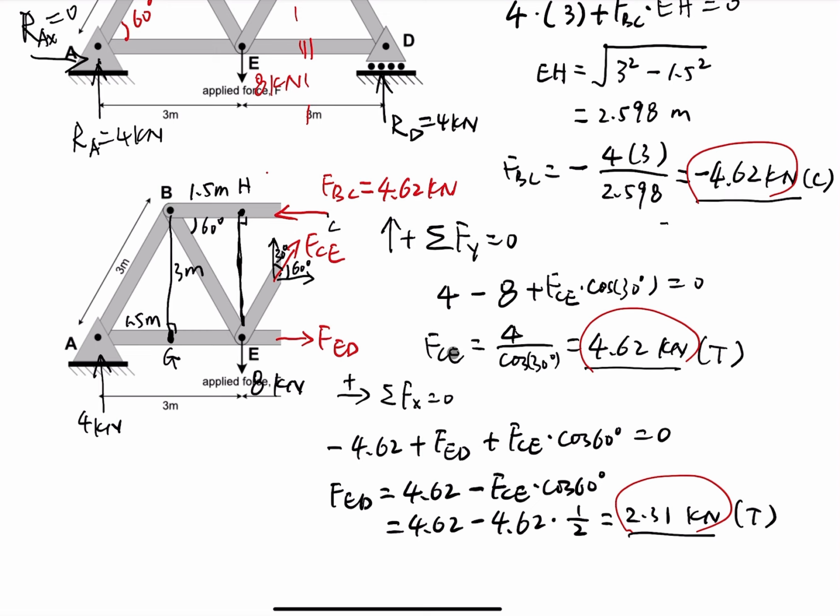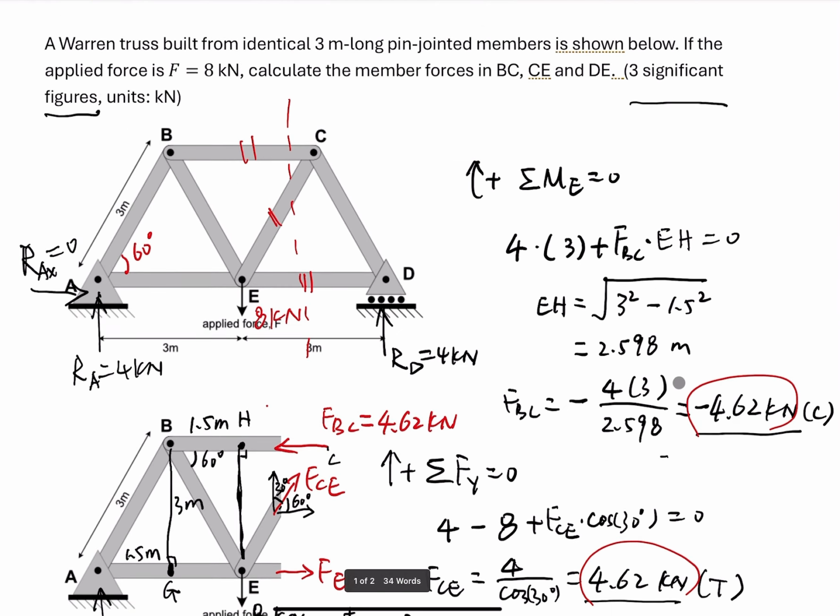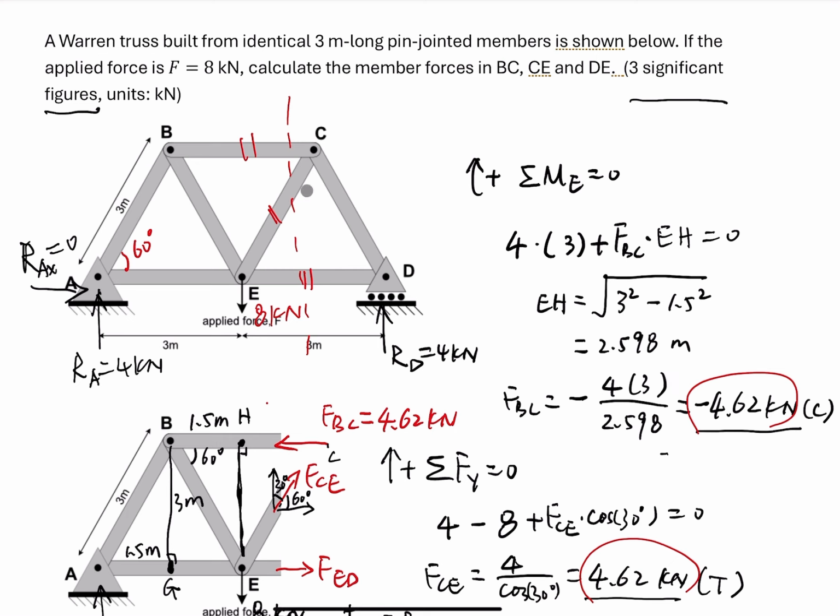The member CE is in tension, and the value of the tensile force is 4.62 kilonewton. The member ED is in tension, and the value is 2.31 kilonewton. So this is an example of using the method of sections to calculate the member forces in BC, CE, and ED. Thank you.